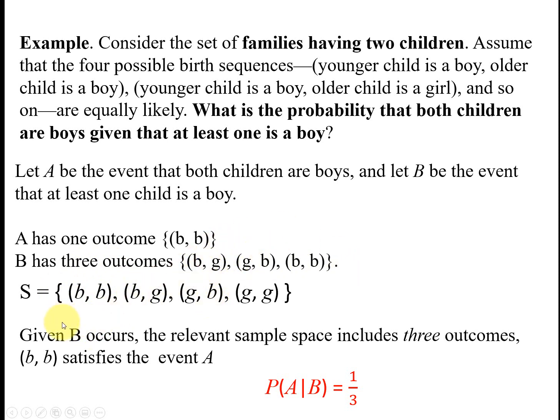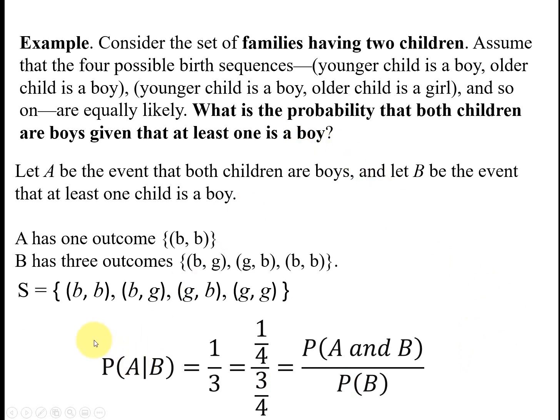And so given that B occurs, the relevant sample space includes 3 outcomes, and 1 of them satisfies the event A. So the probability of A given B equals 1/3, also known as the probability that both children are boys, given that at least one child is a boy. It's the same probability, just restated in this example.